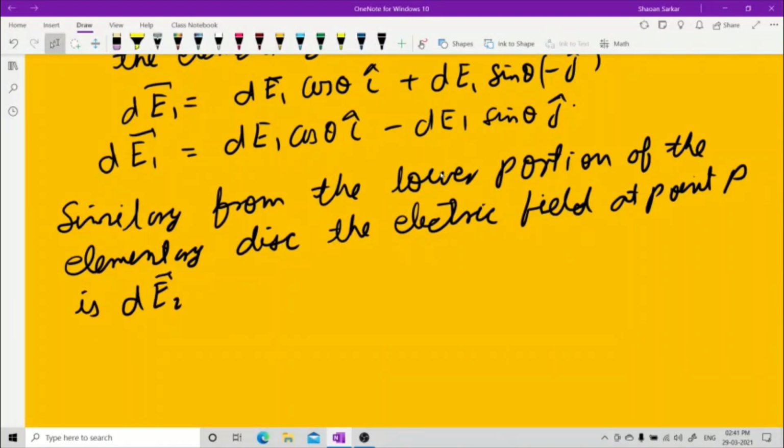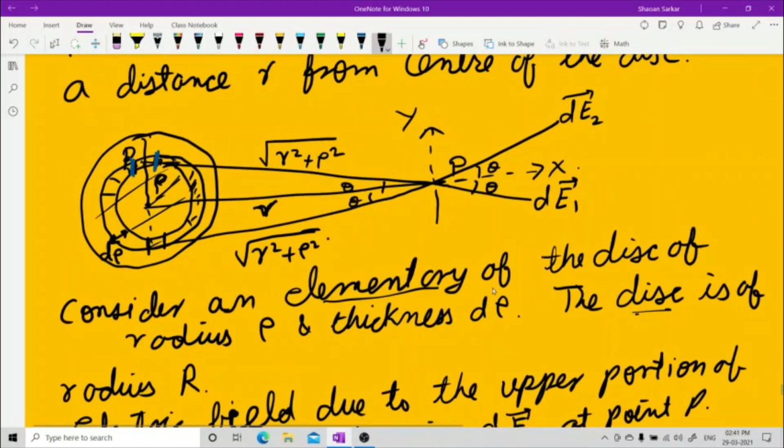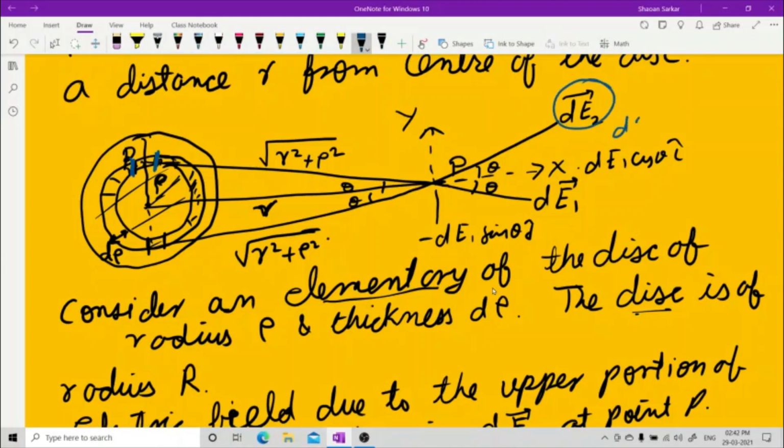Now see in the figure. This dE1 will have a dE1 cos theta component here, i cap, and a dE1 sin theta component, j. Similarly, this dE2 will have another component. For this one, it will have a dE2 cos theta i component and a dE2 sin theta j component.